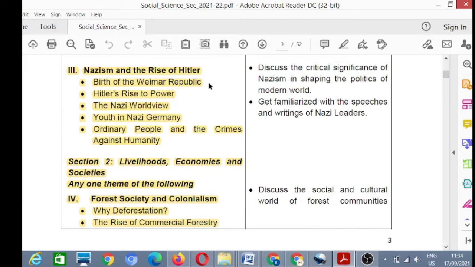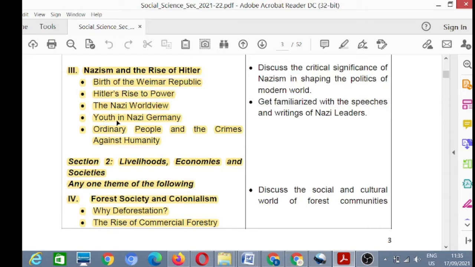In third chapter, we will study history of Germany, Nazism and rise of Hitler. So this chapter belongs to Germany. Now first topic is birth of Weimar Republic. Second topic is Hitler's rise to power. Then third topic is the Nazi worldview.